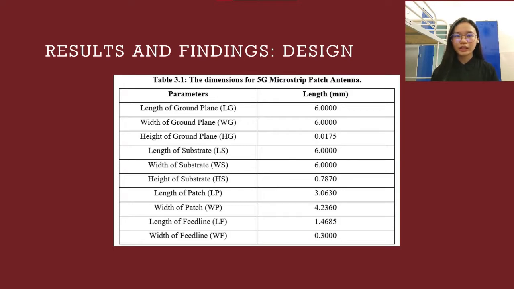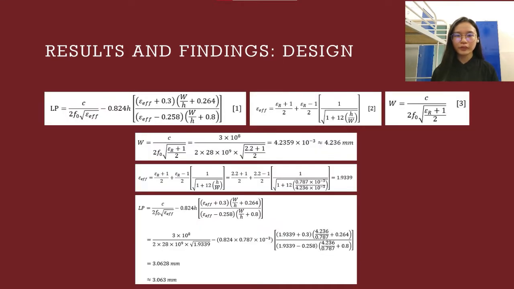Meanwhile, LG, WG, HG, LS, WS, and LF are the secondary parameters that determine the operating frequency range of the antenna. These three formulas are used to calculate the length of the patch, effective dielectric constant, and width of the patch. C is the speed of light, F0 is the resonance frequency of 28 GHz, and H is the height of the substrate.